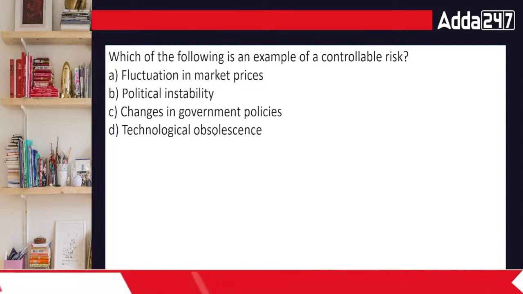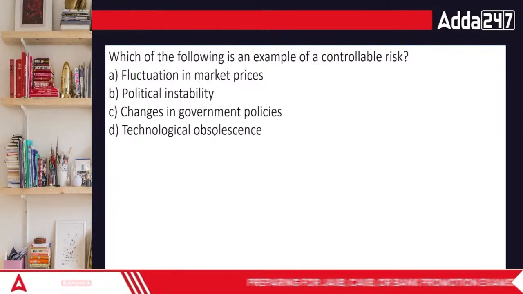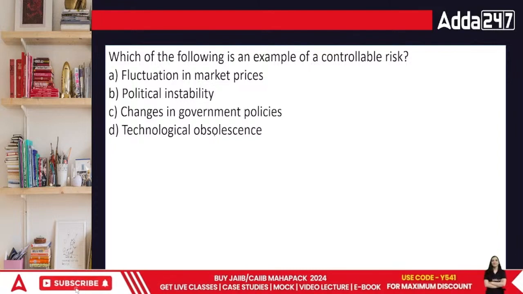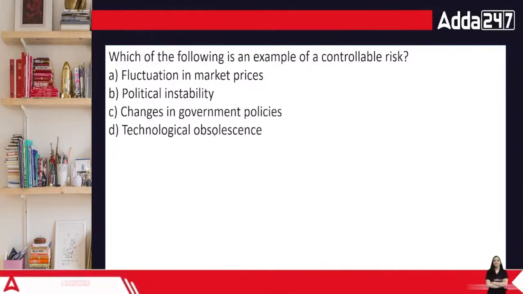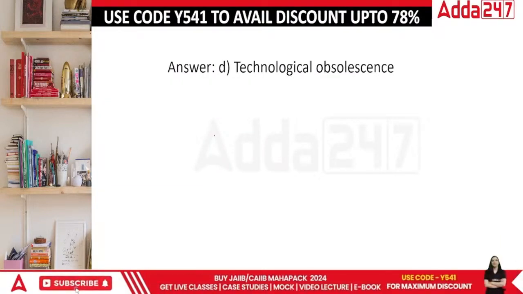Controllable and uncontrollable, two separate scenarios. Right? The answer would be technological obsolescence. That is something which we can still control, but I don't think anything else is in our control.